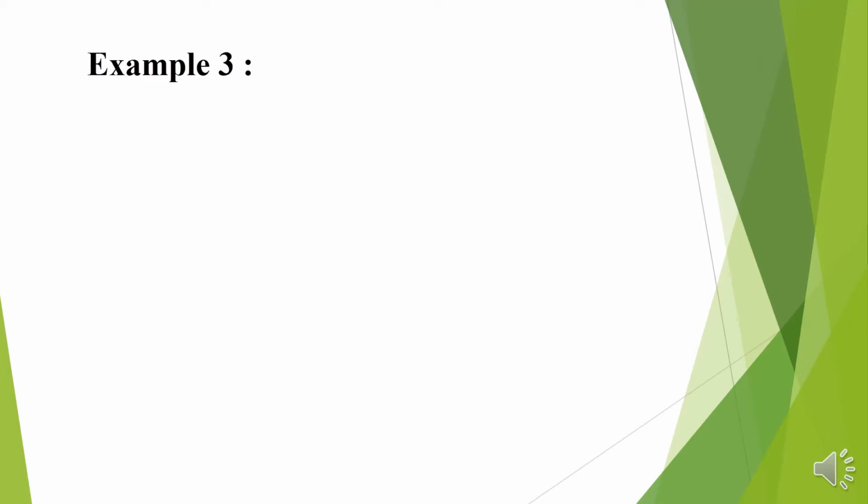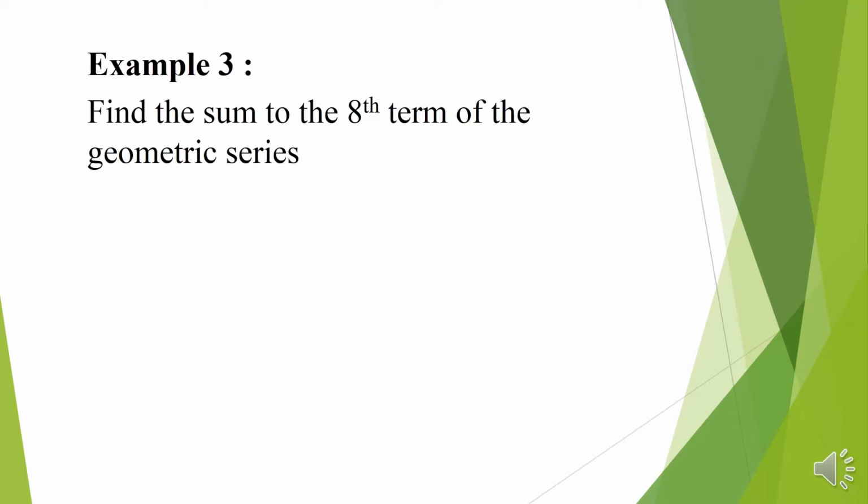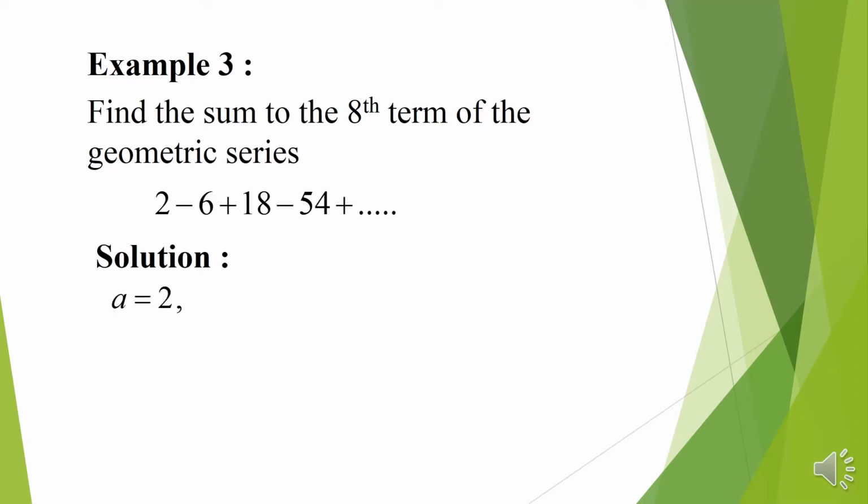So let's move to example 3. Find the sum to the 8th term of the geometry series 2 minus 6 plus 18 minus 54 plus so on. Let's see the solution. We get a, the first term, equal to 2, and next is r, which is negative 6 over 2, and we get negative 3.